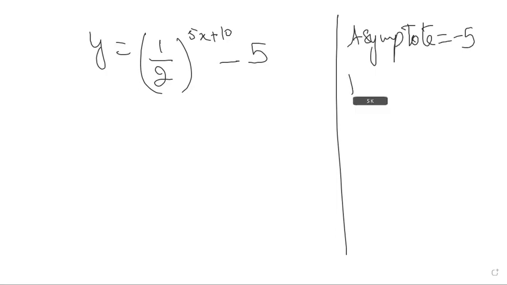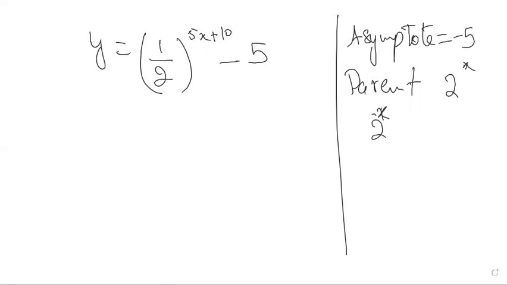And my parent function would be 2 to the power x. Now, why 2 to the power x? Because I can say that this half is actually equal to 2 to the power negative 1 because it's x there. So I'm going to write it in this form. And I don't mention the negative sign in my parent function. That's why I just write 2 to the power x.